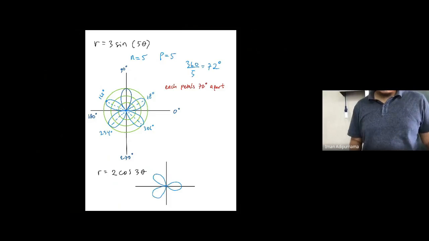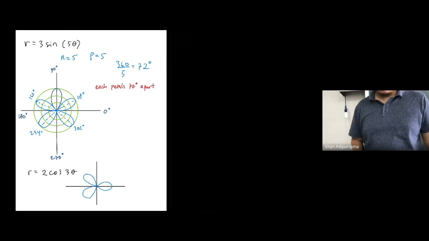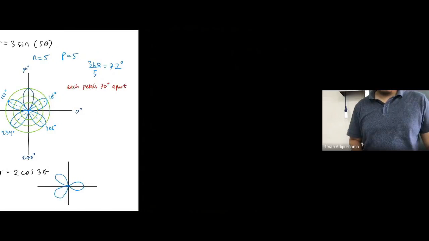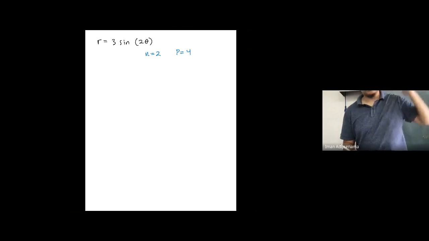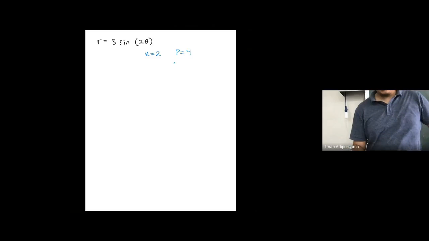Let me move to the even petals. If you have r equals 3 sine 2 theta, so n is 2, the petals should be 4, and the angle in between is 90.